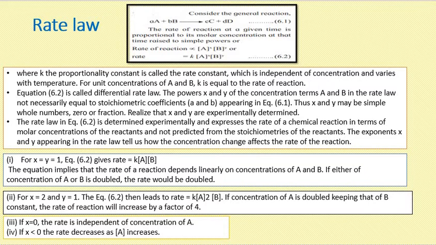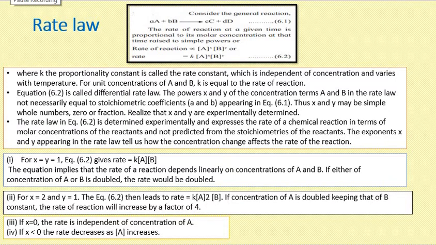To remove the proportionality sign, I need to put in a constant, and I am putting K here. So rate of reaction is equal to K multiplied by concentration of A raised to power x multiplied by concentration of B raised to power y.